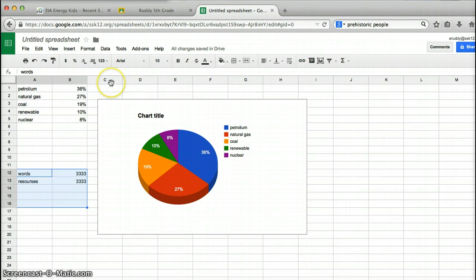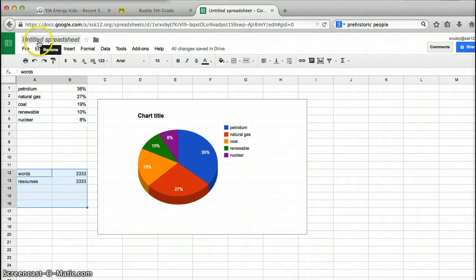I want you to create all 3 graphs on this document so that I can see them at once and so you can see them all at once while you're analyzing them, because you're going to need to reflect on what they mean. Once you've done that, make sure that you have renamed your spreadsheet.